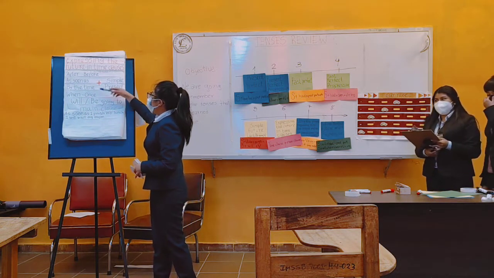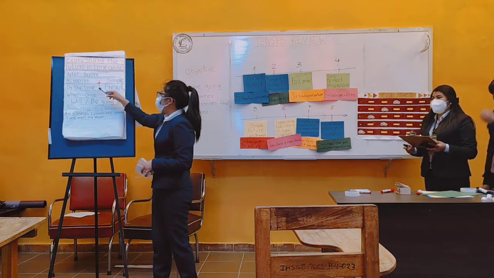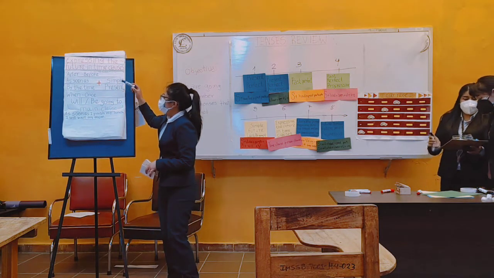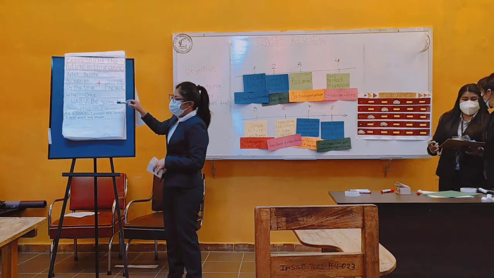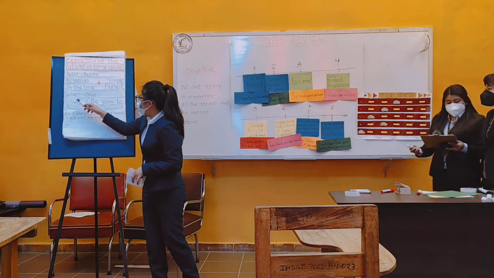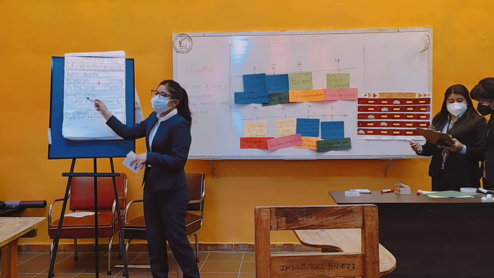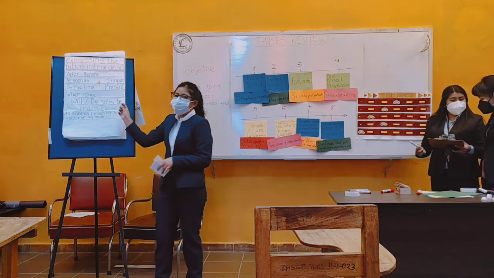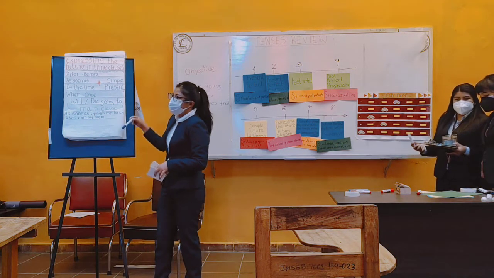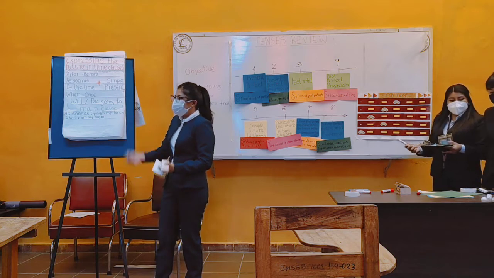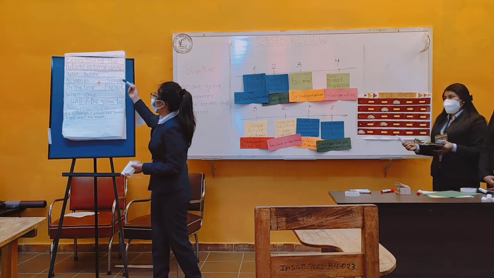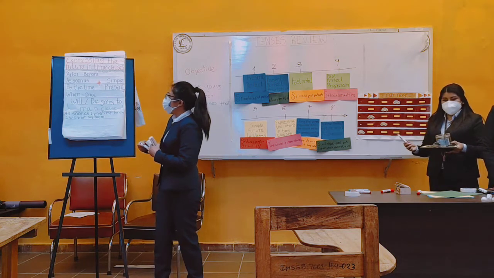So we add this adverb plus simple present, then we put a comma, and then we put a sentence in a future tense, will or be going to. In that way we are going to write our sentence using the future time clauses.